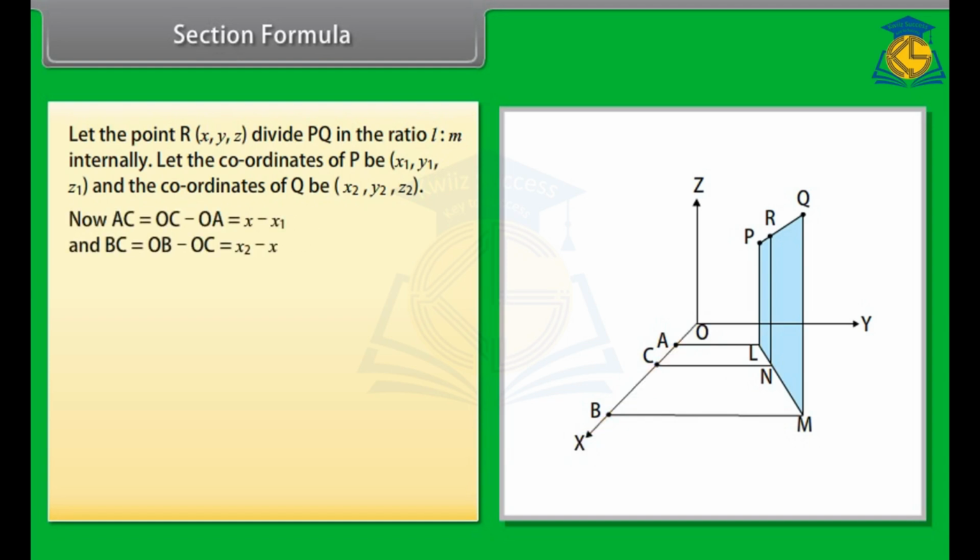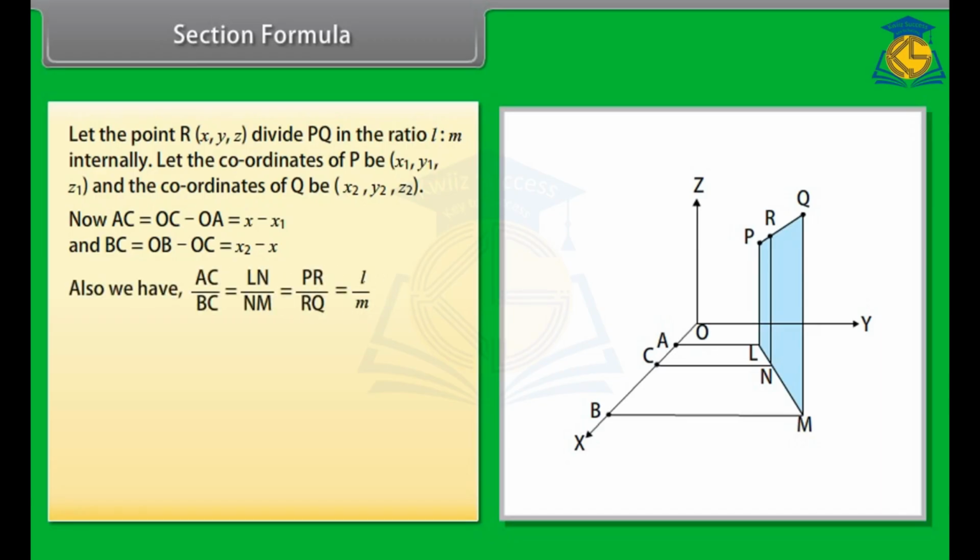Now, AC = OC − OA = x − x1 and BC = OB − OC = x2 − x.